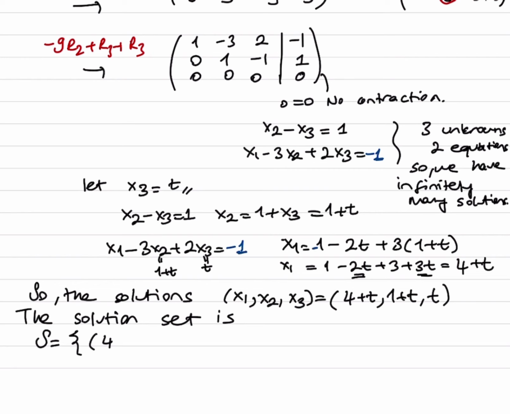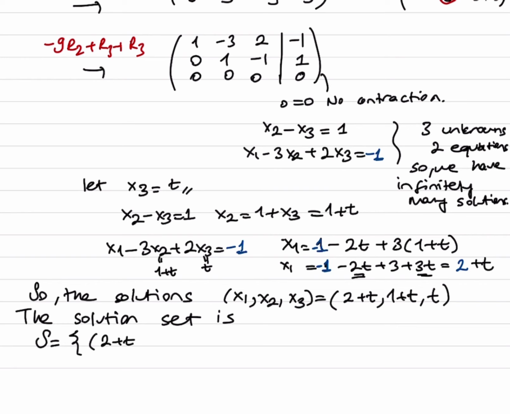So we have minus 1, then what is 3 minus 1? So we have x1 is 2 plus t. Okay, sorry about that, but now we are correct.